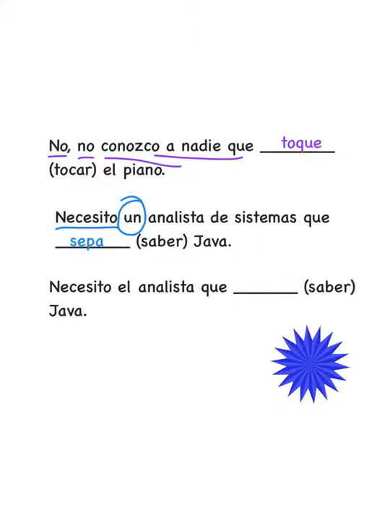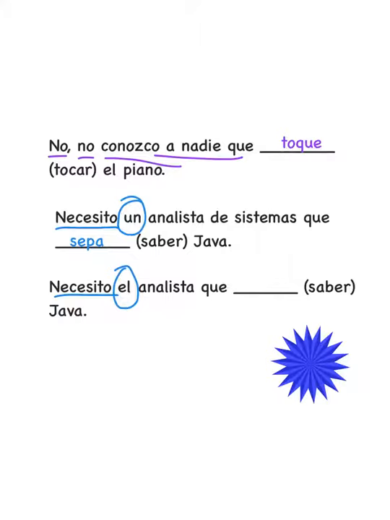sepa Java. Okay, what about the last sentence? Necesito el analista que saber Java. Now, it is exactly the same sentence as the previous. The only difference is what? Okay, we have necesito, and the only difference is in the article.